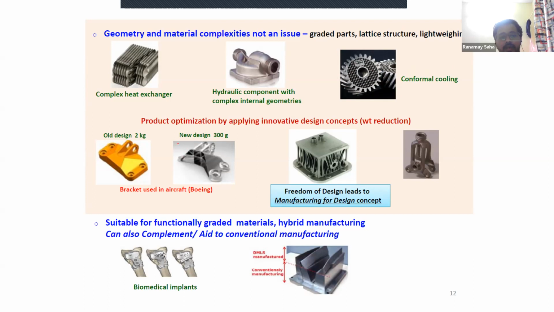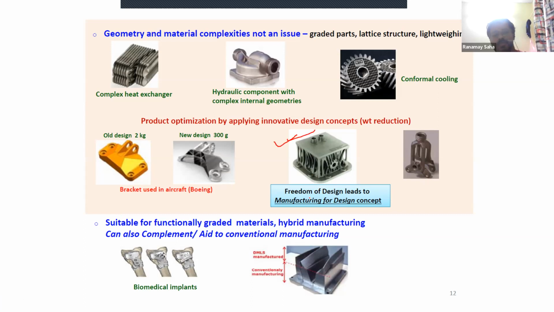And then there is product optimization by applying innovative design concepts, because you can reduce material consumption by redesigning the part for reduction of weight. If you have noticed some chairs which don't have a whole solid structure and rather have meshed structures.